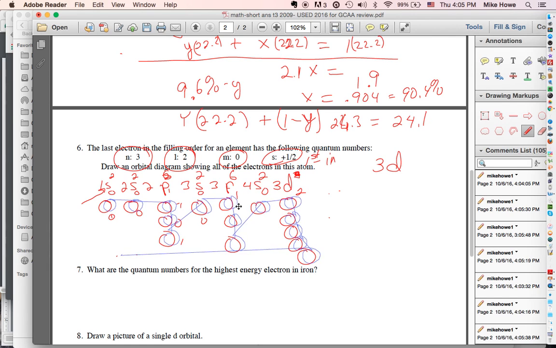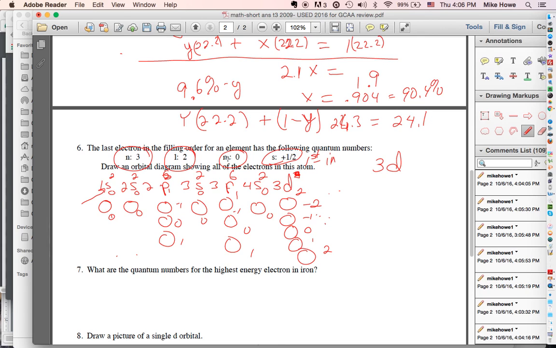L equals 1, so you have -1, 0, and 1. L equals 0, M equals 0. L equals 2, M equals -2, -1, 0, 1, and 2.